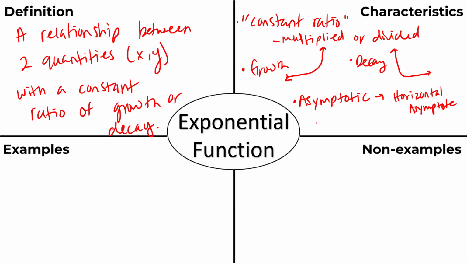The equation. There is an equation for it, and it's going to be f of x equals a times b to the x. So notice now that your x is the power. Okay. When it's exponential, your x is going to be the power. That's what changes. All right.